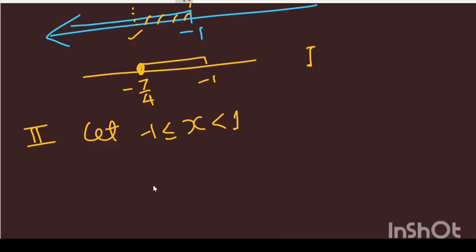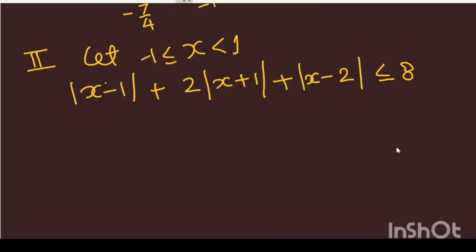Okay, guys. So the question: |x minus 1|, it will give a negative sign, so minus (x minus 1). x plus 1 will give a positive sign.